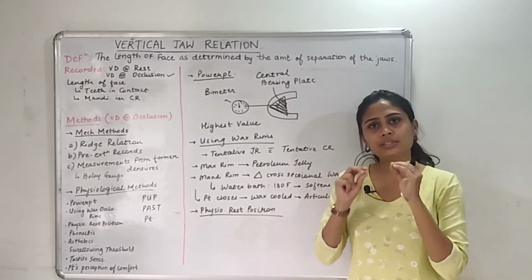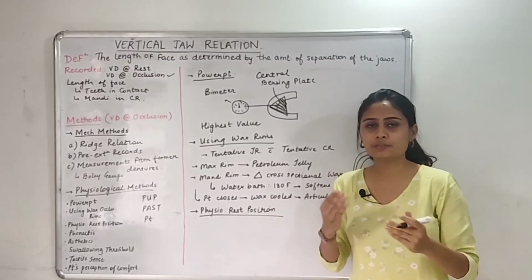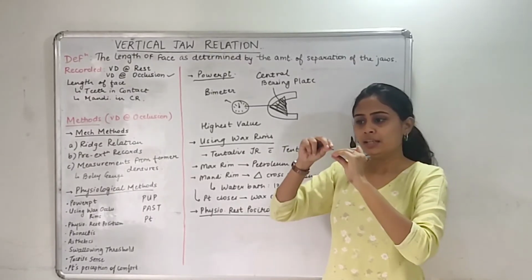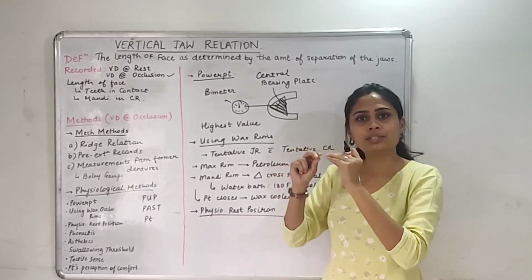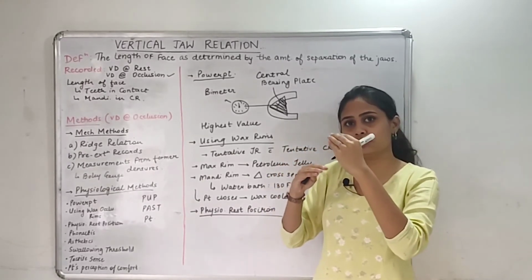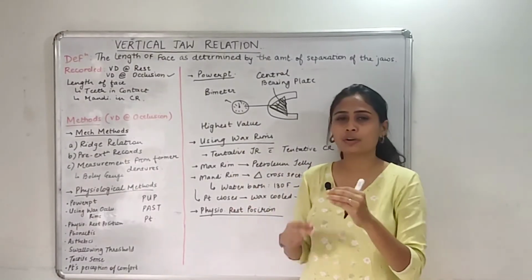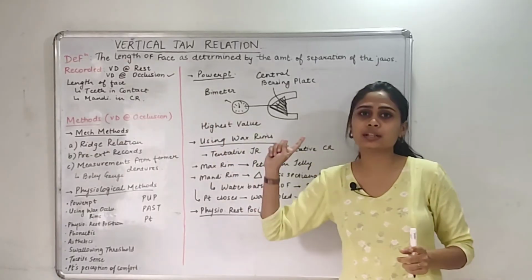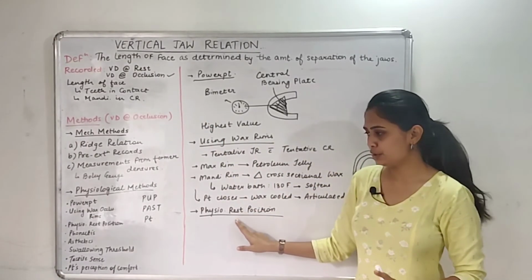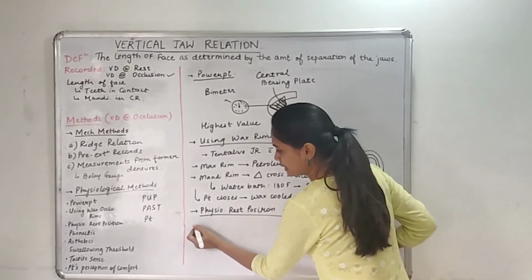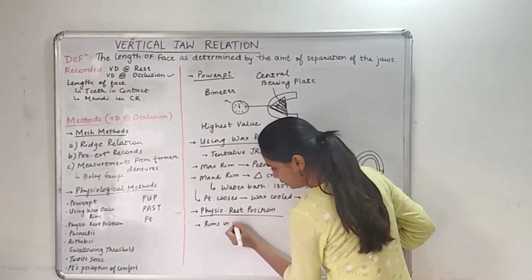After that, the patient is supposed to keep the mouth closed, and we gently open the lips to see how much space is there between the maxillary occlusal rim and the mandibular occlusal rim. If you remember, we talked about something like this in the vertical dimension at rest.